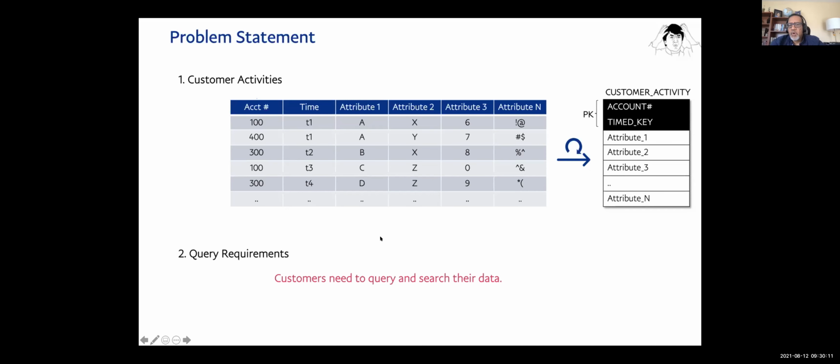If you were to model this, this is what we would have done: a customer activity table with an account number and a timed key, the timed UUID key. With this composite primary key, we can partition on the timed key so that you get a partition, and then you can search the specific partition, and then you can have all these attributes, right? But what is the problem here?